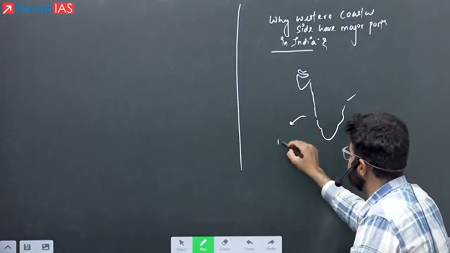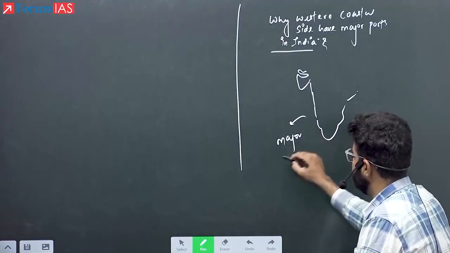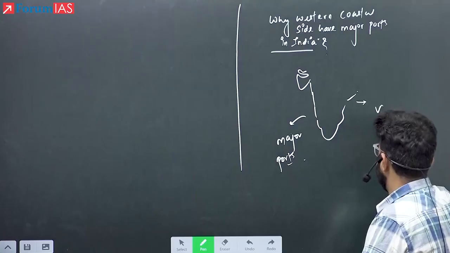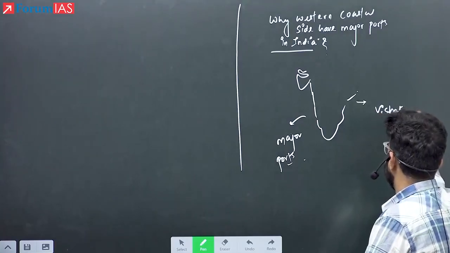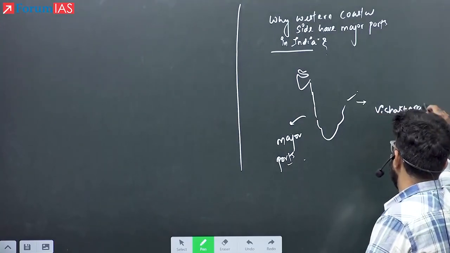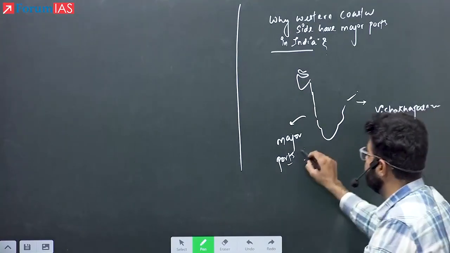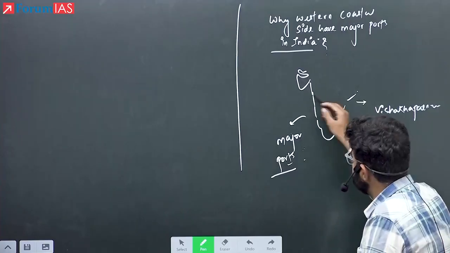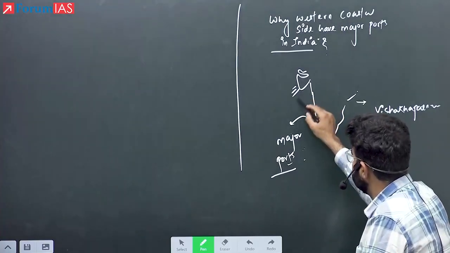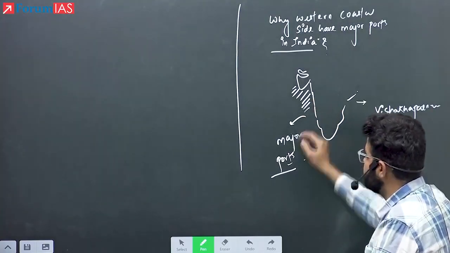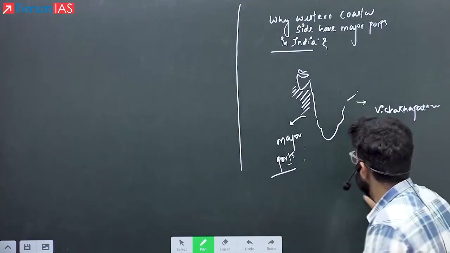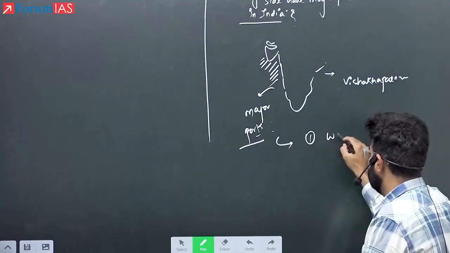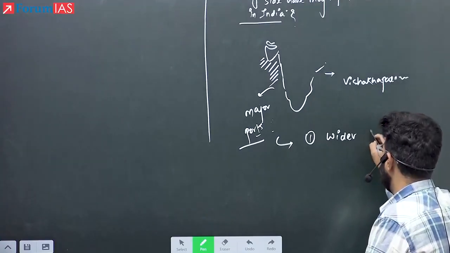Most of the major ports are located here, except Vishakhapatnam. Now my question is why the major ports are located here? What is the geographical reason number 1? Tell me. The continental shelves are wider, number 1. So why are the major ports located on the western side? Number 1, the continental shelves are wider here.